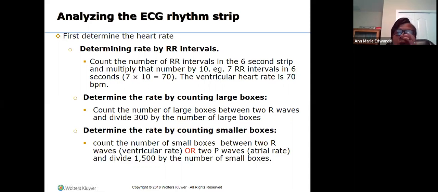Now, that's one way of counting your heart rate. The next way of counting the heart rate is to determine the rate by counting the large boxes. So we have 3 basic ways of counting the heart rate from the ECG. Already you learned one. Let's learn the second one. We can count the number of large boxes between the 2 R waves and divide 300 by that number.